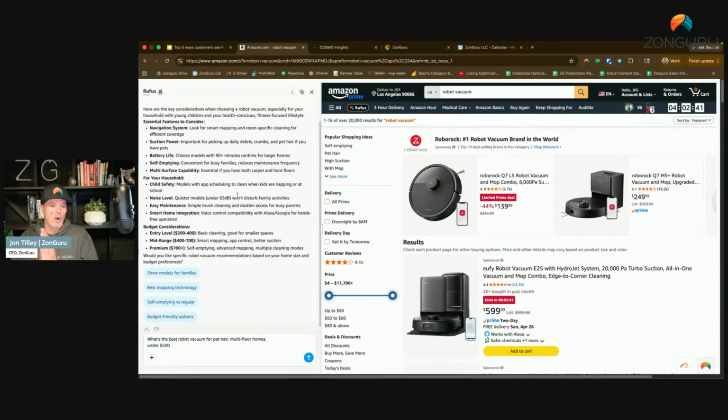What's the best robot vacuum for pet hair, multi-floor homes, under 500 bucks, with 90-plus minutes of battery power, and maybe noted as excellent suction power. Pretty cool, right? So pet hair, multi-floors, 500 bucks, 90 minutes.